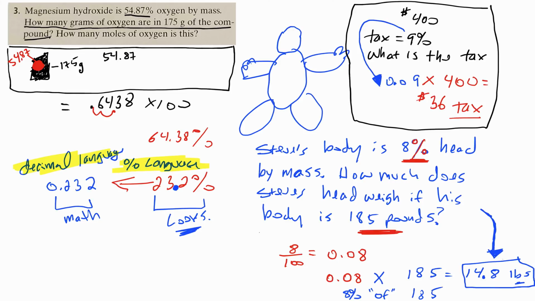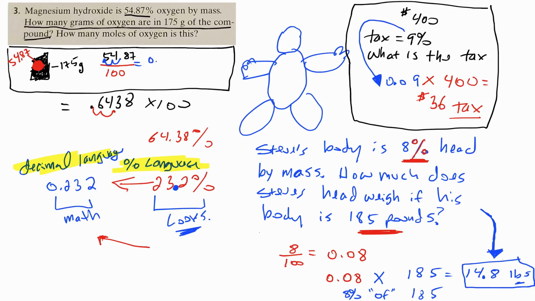No. You can't do any math with this number. You can't actually use 54.87 in a calculator. You're not allowed to until you move into decimal language. So you said divide it by 175 or something. Divide by 100. When you divide by 100, what do you do? Yeah, move the decimal right here. Now you can actually use that number.